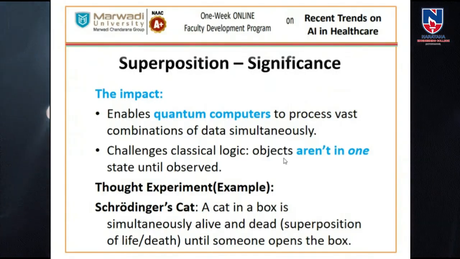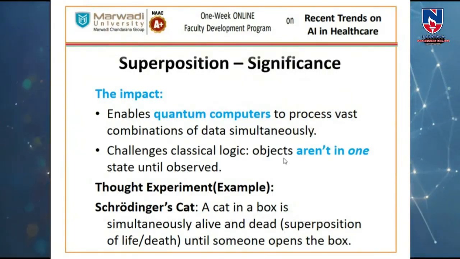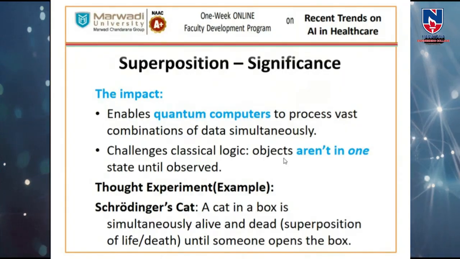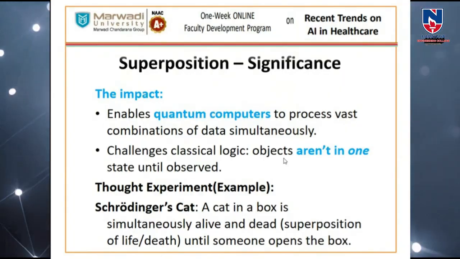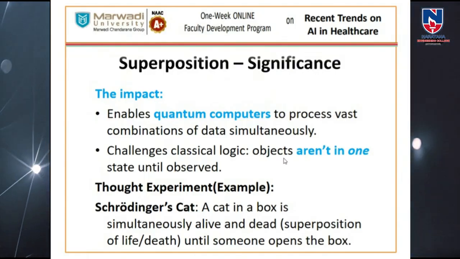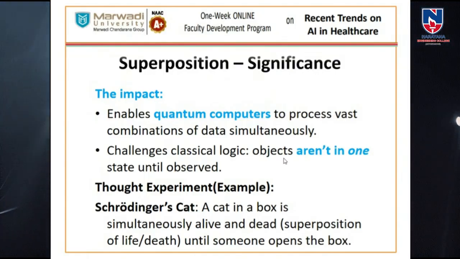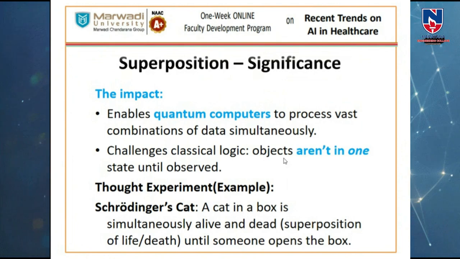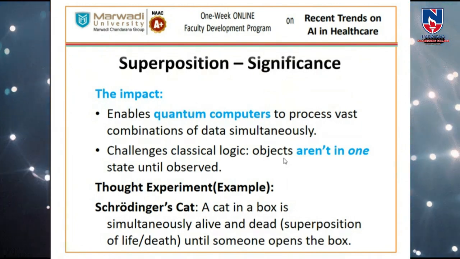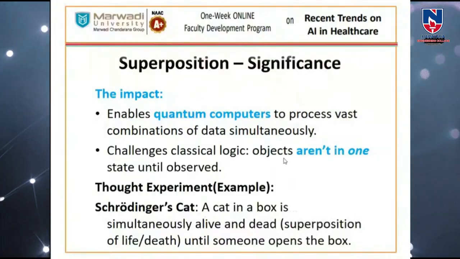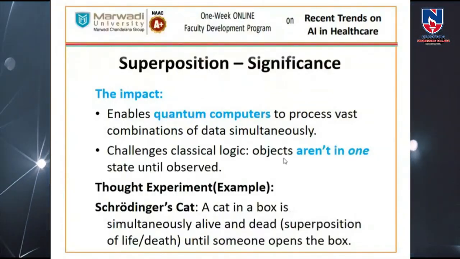And another example is, let us assume a case to understand the superposition principle. A cat in a box. Assume that the box is closed. A cat in a box. But that may be two states: that may be live or dead. That is what you call a superposition until someone opens the box.